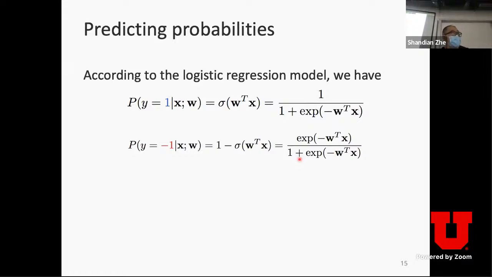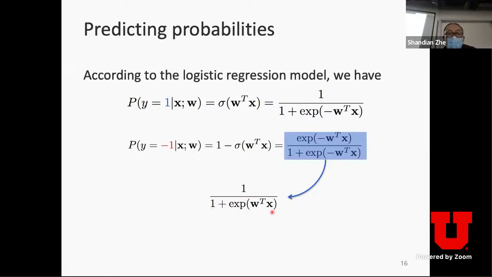We want to make a little bit of simplification, because having exp terms on both numerator and denominator looks ugly. So I'm going to divide both numerator and denominator by this exp. It gives us 1 over 1 plus e to the power of w transpose x.